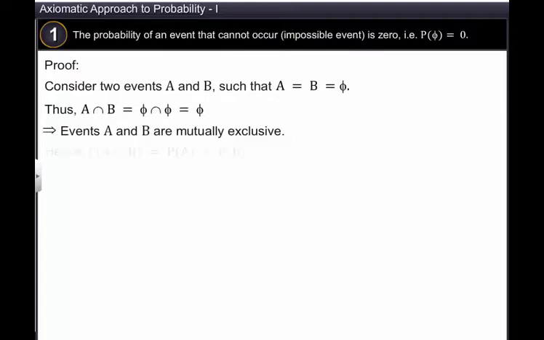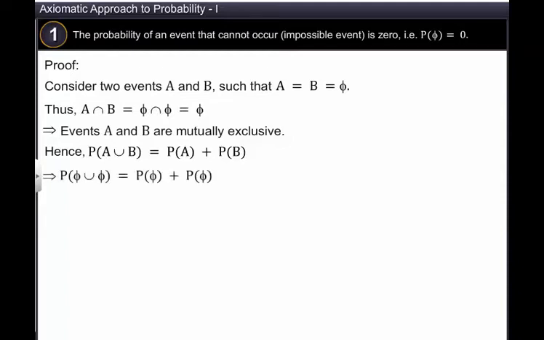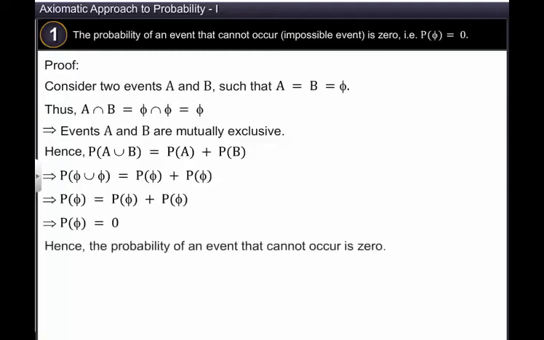Hence, P of A union B is equal to P of A plus P of B. This implies P of phi union phi is equal to P of phi plus P of phi. On simplification, we get P of phi is equal to 0. Hence, the probability of an event that cannot occur is 0.